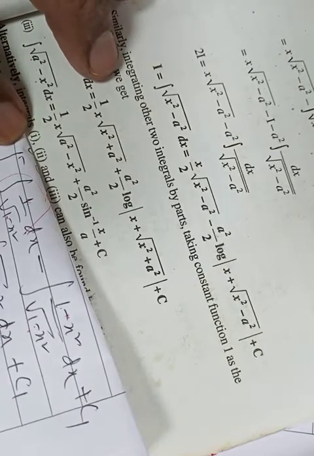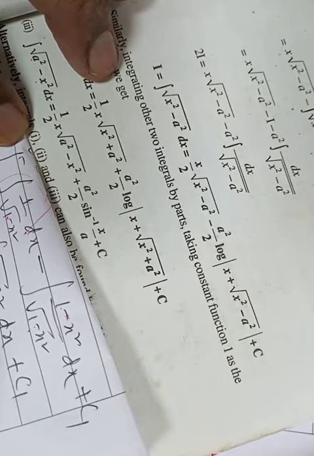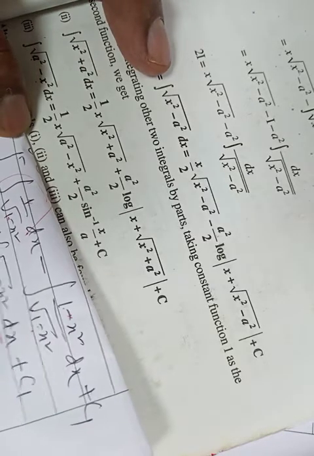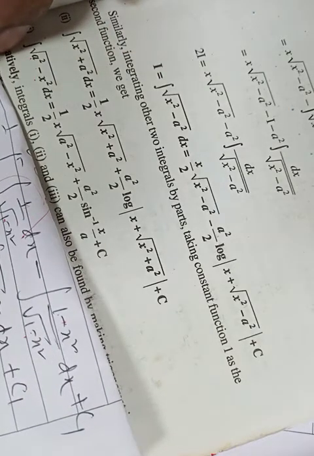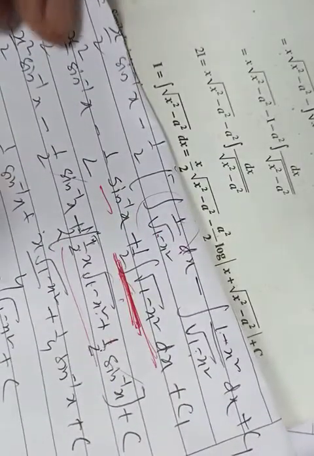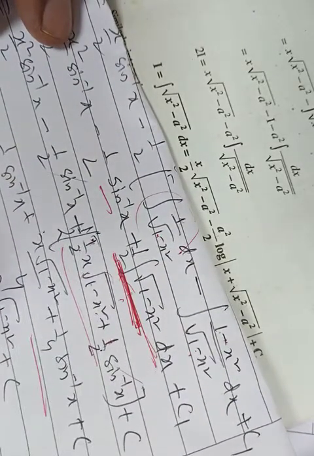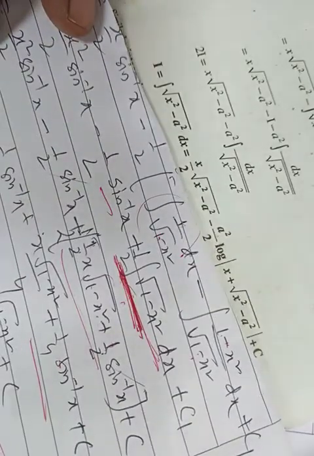This formula is x by 2 root over a square minus x square plus a square by 2 sine inverse x, where a is 1 here. Then we come out from the integration. How to derive this formula we will learn later, so if this question comes, we will directly write this formula. Okay, so I am not deriving it. Then this term can be simplified, this will be minus 1 by 4, again by taking common, the final answer will come.